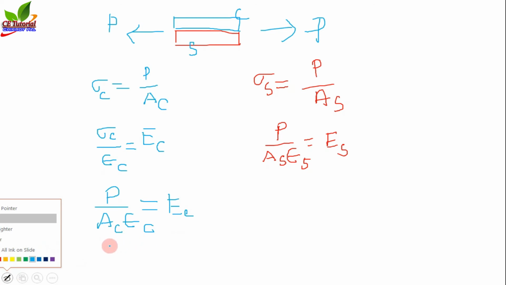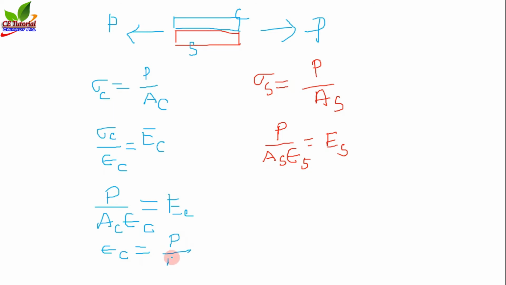Now epsilon C equals P by AC multiplied by EC, and epsilon S equals P by AS multiplied by ES.